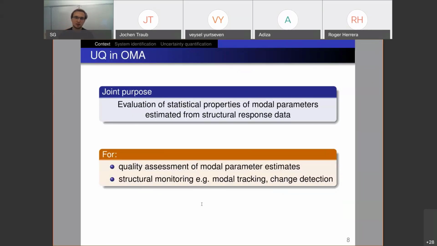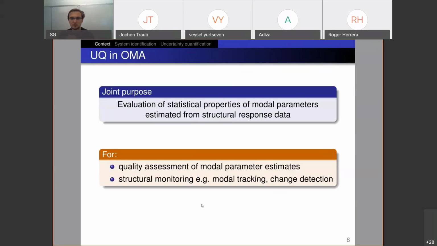Uncertainty quantification in operational modal analysis deals with estimating the statistical properties of model parameters directly from data. That can be used for several reasons. For example, to quantify the quality of our model parameter estimates, and this quality relates to the variance of different estimates of model parameters.